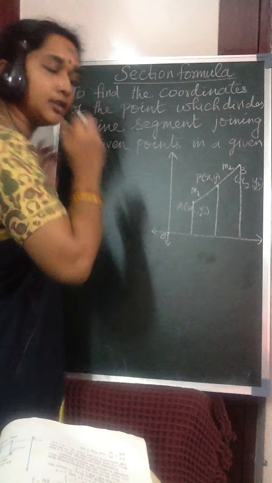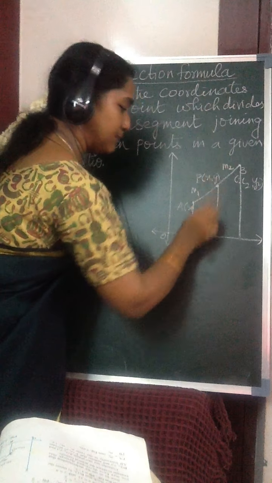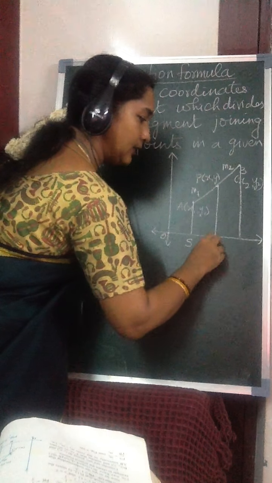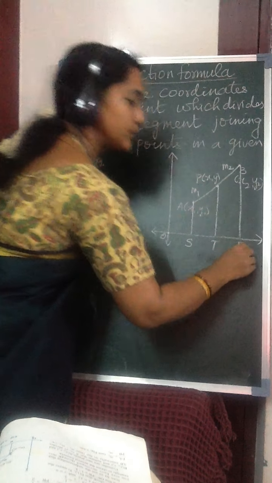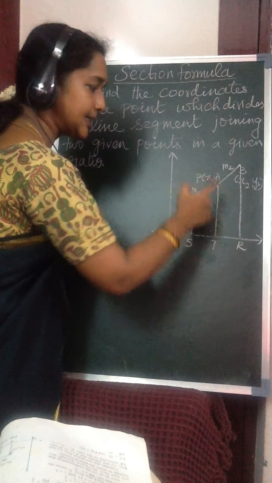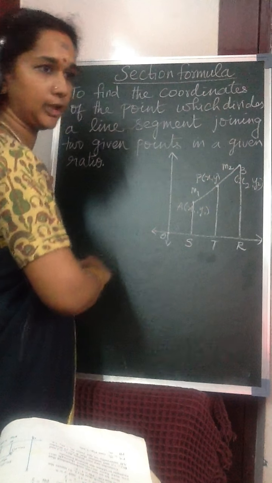You name these points S, T, R. So AS is perpendicular to x-axis, PT is perpendicular to x-axis and BR is perpendicular to x-axis.